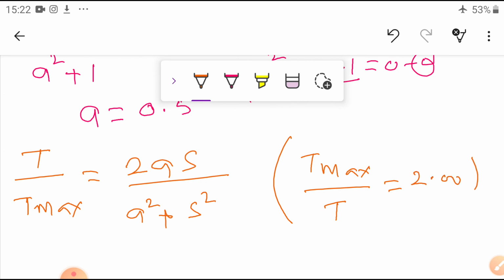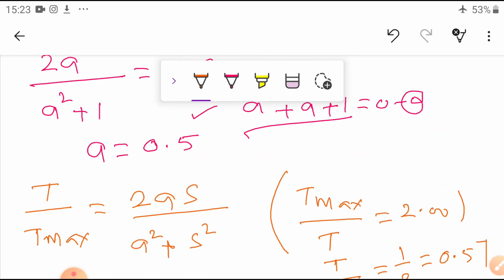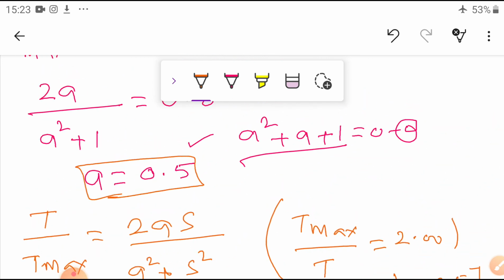Here it is the reverse, so I can write T by T max is equal to 1 by 2, that is equal to 0.5. So substitute here, this is T max by T equal to 0.5. You can take this equal to 0.5, so what is the A? A is equal to 0.5, you got it.